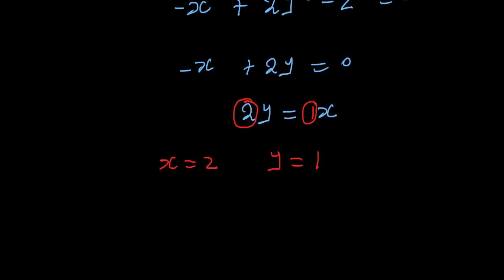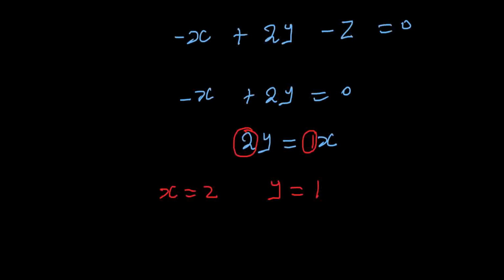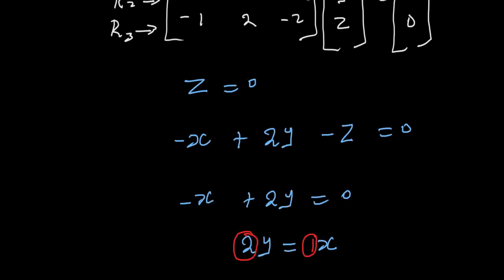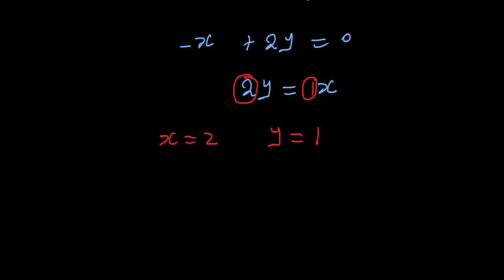So we have found that z is equal to 0 over here. What this means is that x is equal to 2, y is equal to 1, and z is equal to 0.